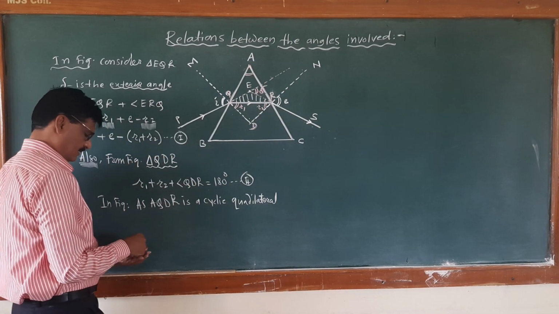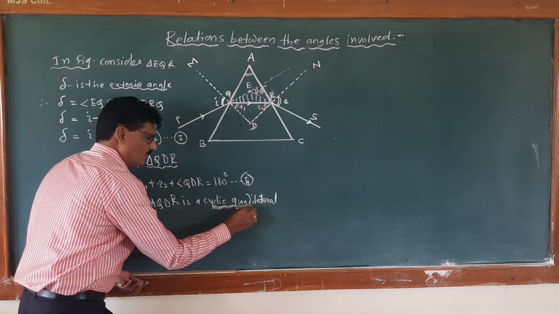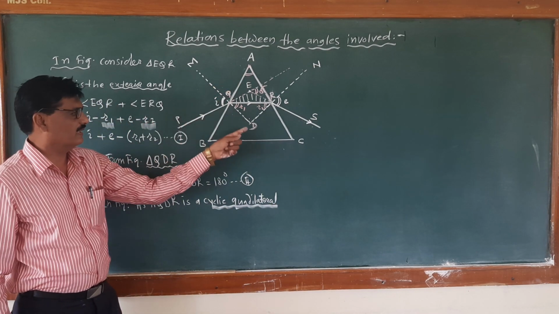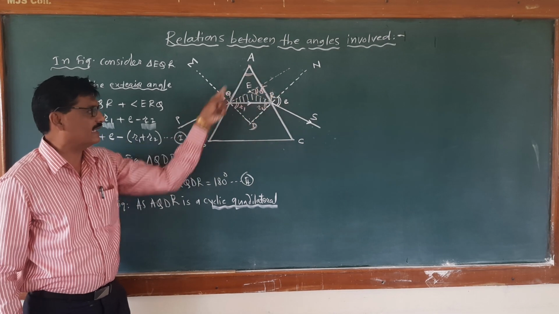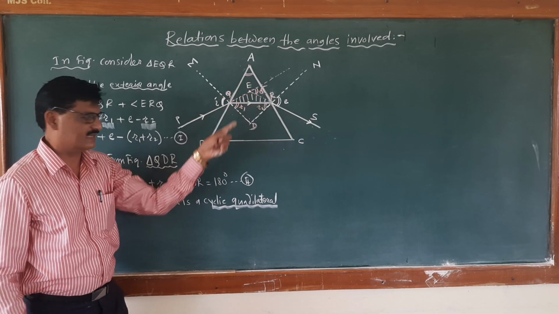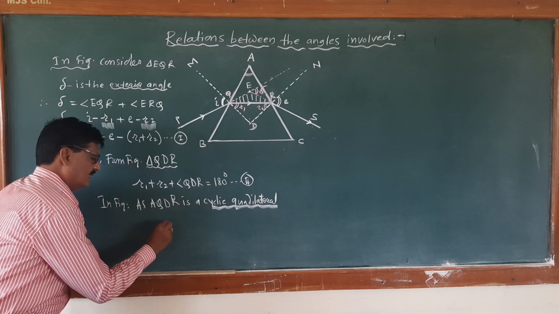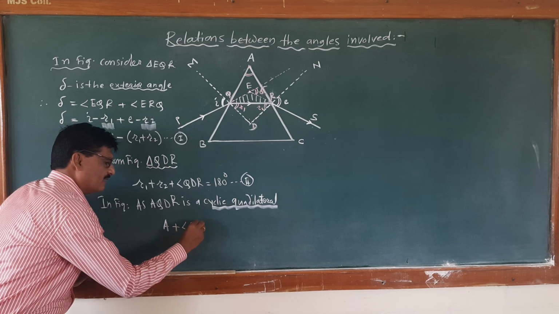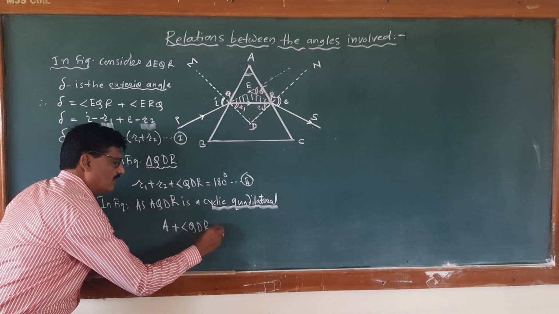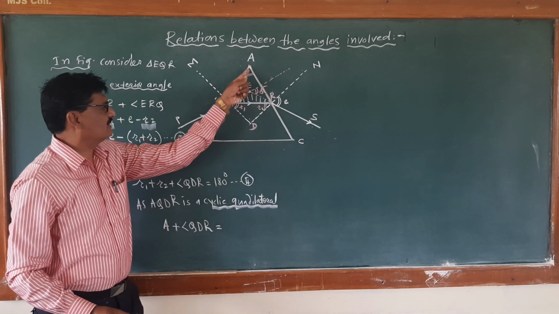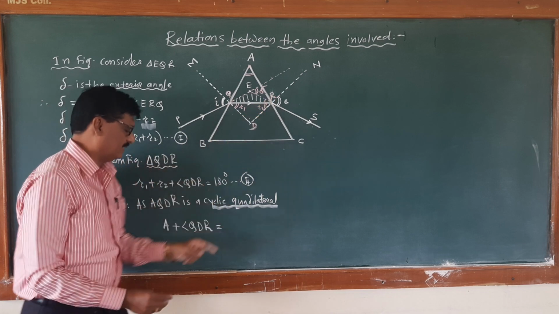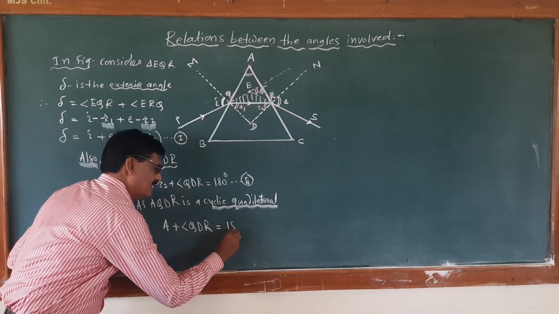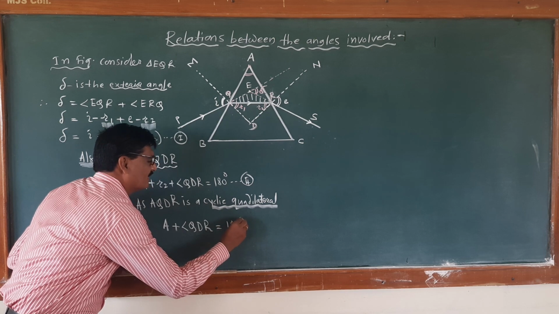In the cyclic quadrilateral AQDR, A plus angle QDR is equal to how much degrees? 180 degrees. Correct.